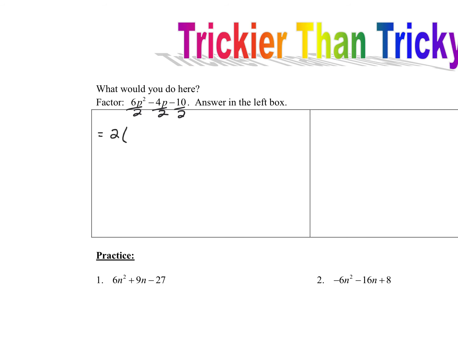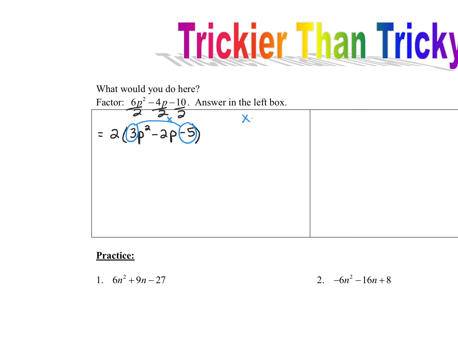Then 6p squared divided by 2 is 3p squared. -4p divided by 2 is -2p. And -10 divided by 2 is -5. Now you have a tricky trinomial. When you multiply these together, 3 times -5 gives you -15.